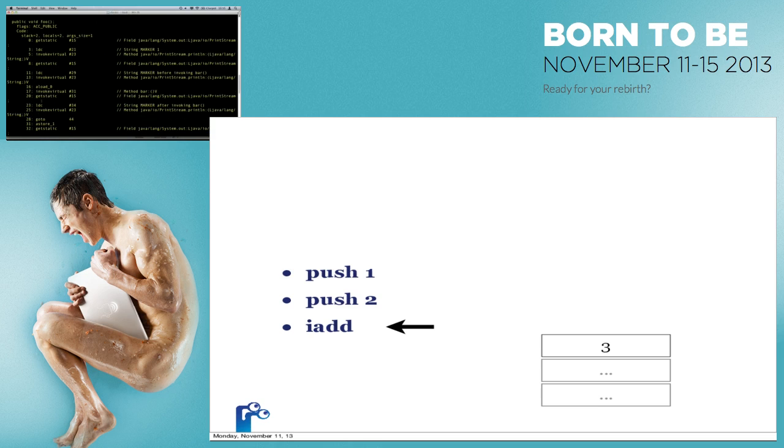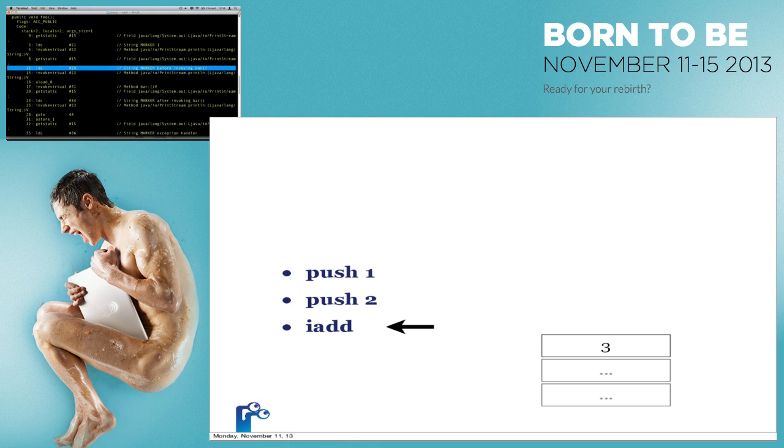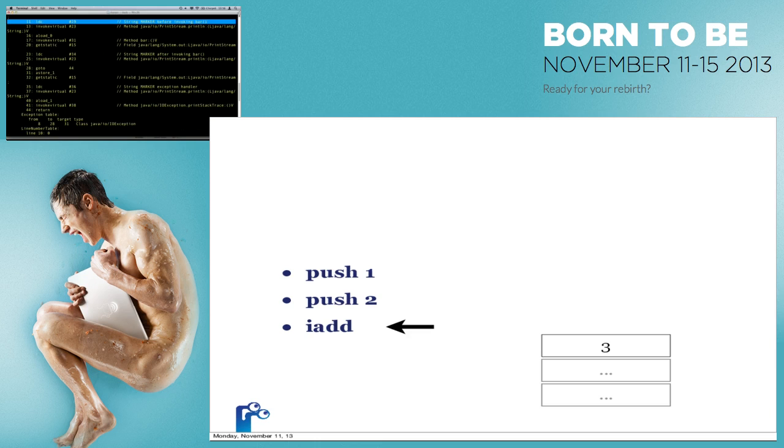Okay, so let's look at the catching code. This is the foo method, right? That's the one that's going to be on the receiving end of this. So here we've got, again, the marker code, the marker before invoking bar. You see that the actual try bit doesn't seem to generate any actual bytecode here. We call this dot bar, or actually we call bar with this.